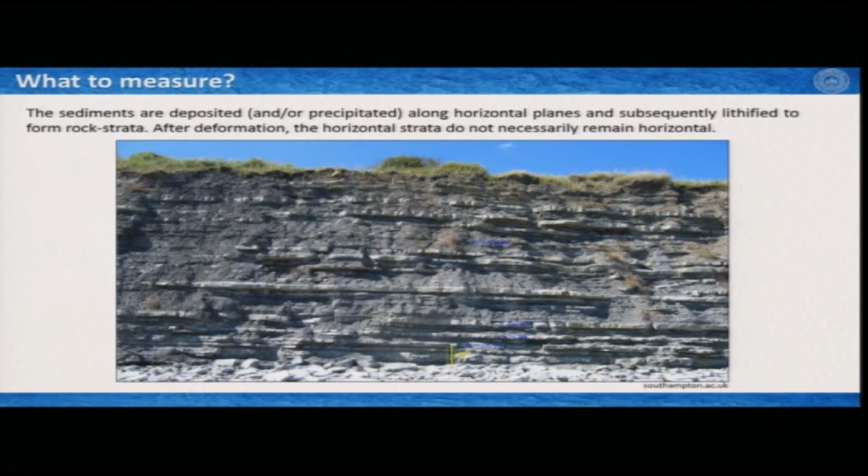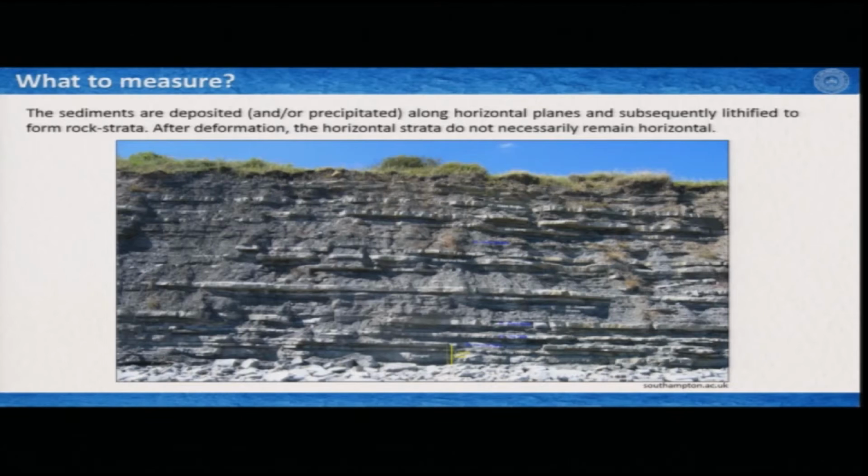Now we know that when the sedimentary layers get deposited, they generally deposit in a horizontal manner. So all layers initially are horizontal, they get lithified, they also stay horizontal. But if you have visited any deformed terrain, you must have seen that these things do not remain horizontal.